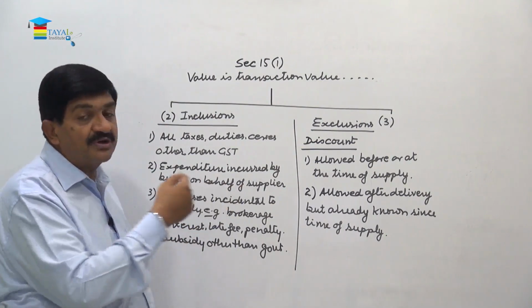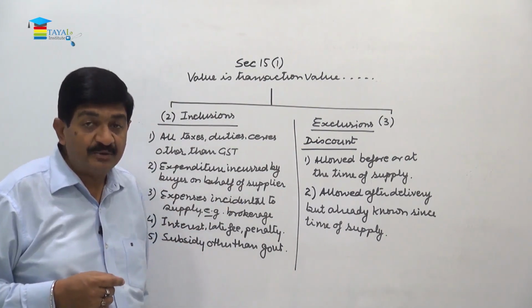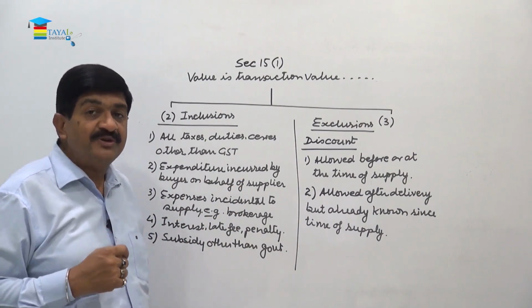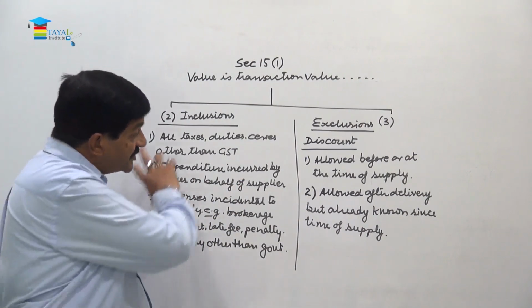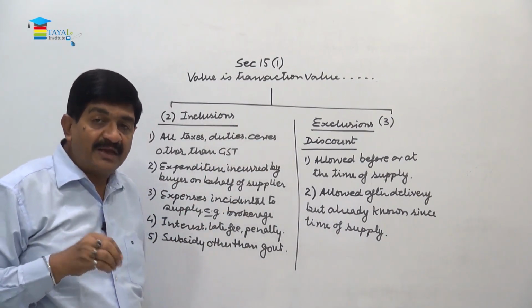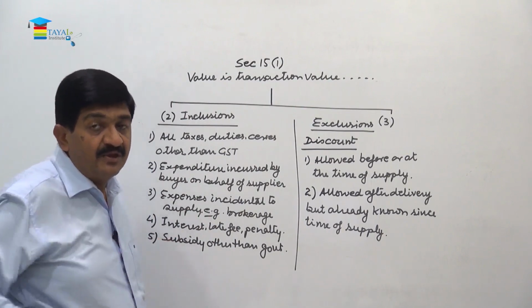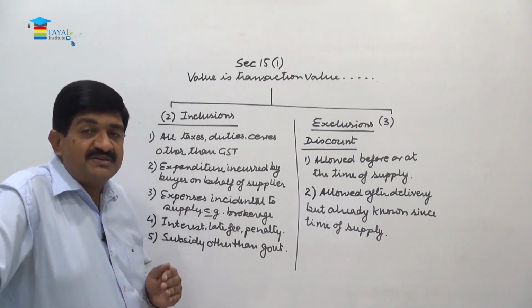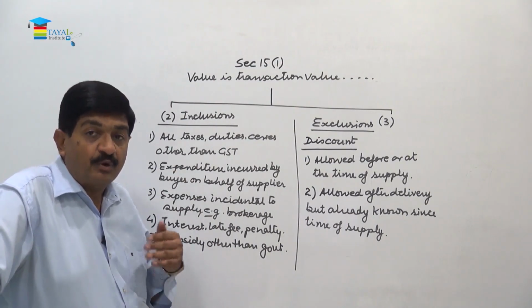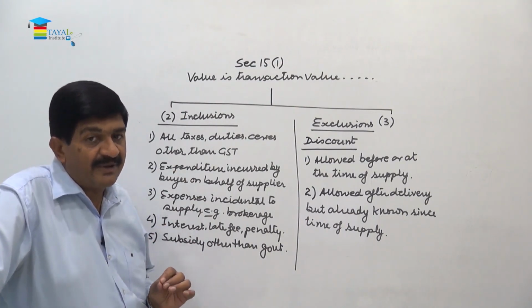Subsection 3 says what is not to be included in the value. Subsection 4 says if the value cannot be decided under subsection 1 subject to these two, then that should be decided in the prescribed manner. And subsection 5 says where the value cannot be decided for any reason under subsection 1 as well as 4, then that shall also be decided in the prescribed manner.